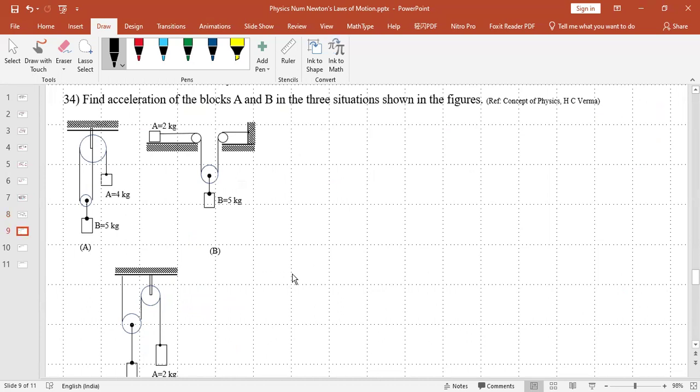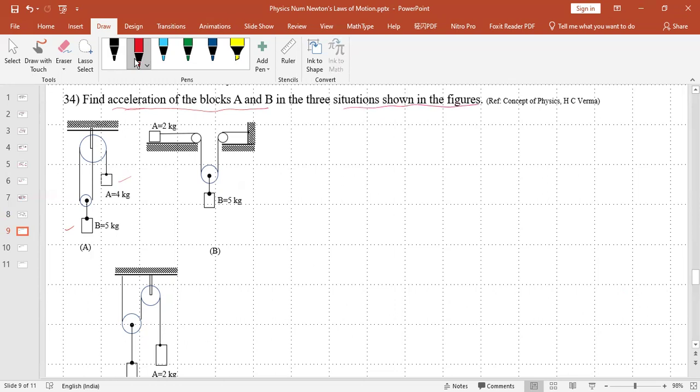Here, once again, look at the question. Find acceleration of the blocks A and B. That means we have to find acceleration of blocks A and B in the three situations shown in the figure.